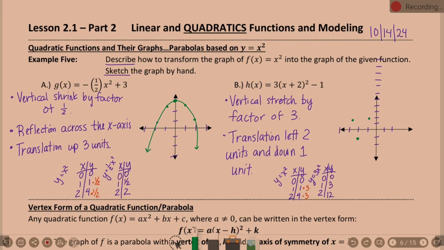My other set of points that normally go right 2, up 4 are going to go right 2, up 12. But since I'm starting from 1 below the x-axis, I end up 11 above the x-axis. So you end up at 0, 11 and negative 4, 11.